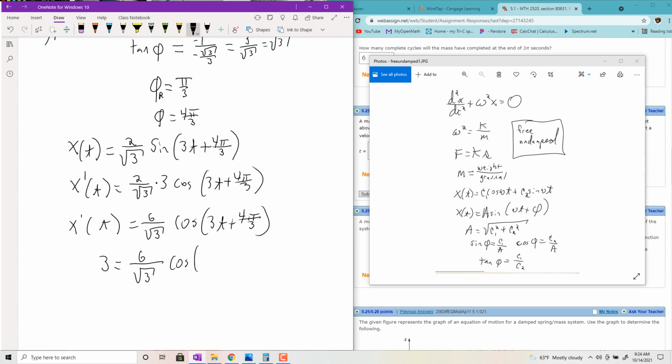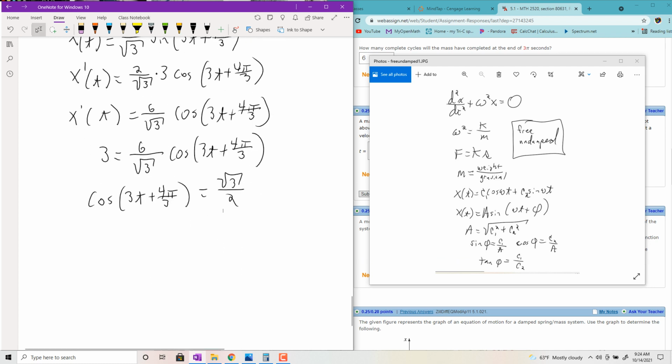So I have this thing. Multiply both sides by root 3 over 6, you get root 3 over 2. So cosine of 3t plus 4 pi over 3 is going to be root 3 over 2. Now you have another trigonometric equation, so you're looking for all angles that make cosine equal to root 3 over 2, right?